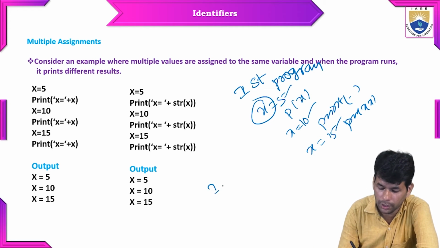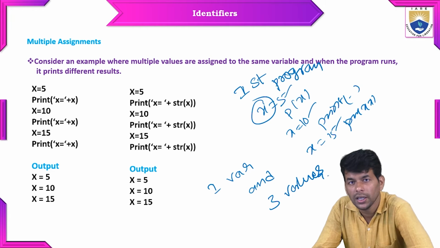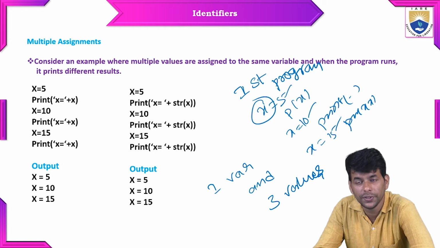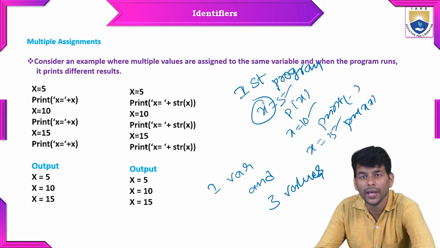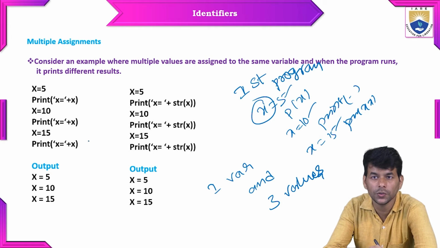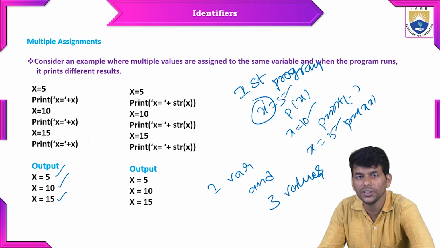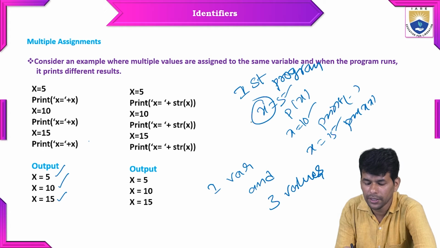That means one variable and three values. So we can store any number of values in one identifier in a program. Now when this program is executed, we get the output X equal to 5 for the first time, X equal to 10 for the second time, and X equal to 15 for the next time. That means for each and every statement, it will be X equal to 5.